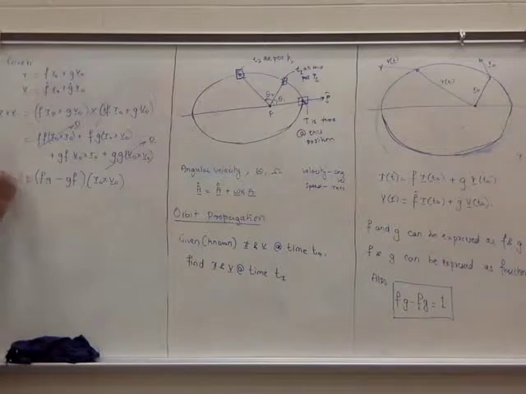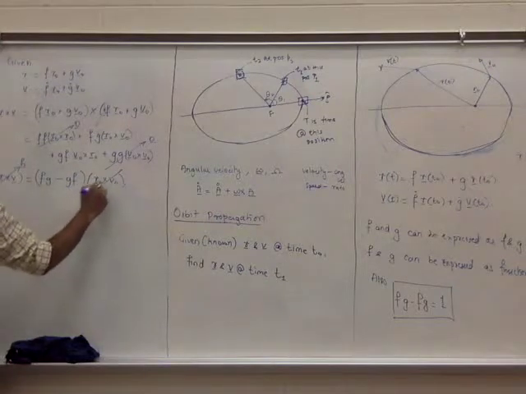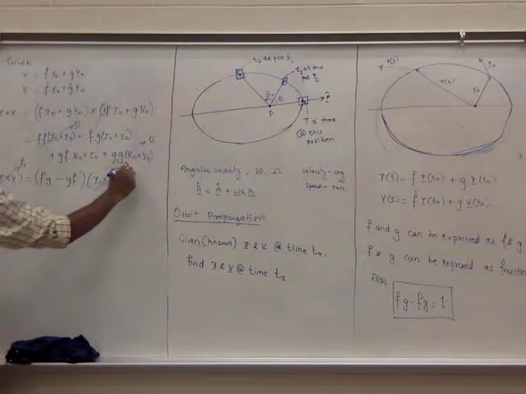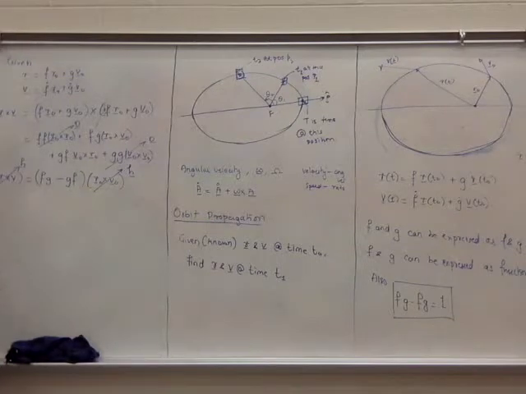What is this value? h. What is this value? h. It is still h. That is what conserved means. r cross v will always be the same.